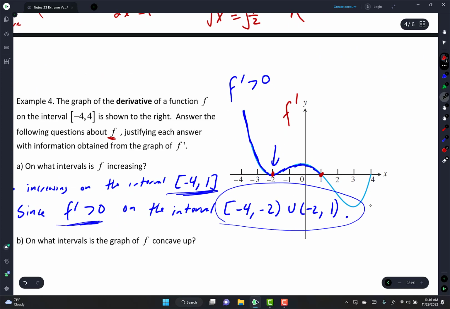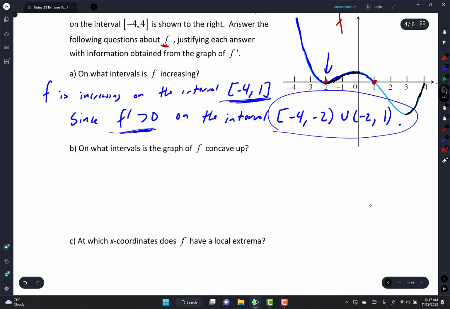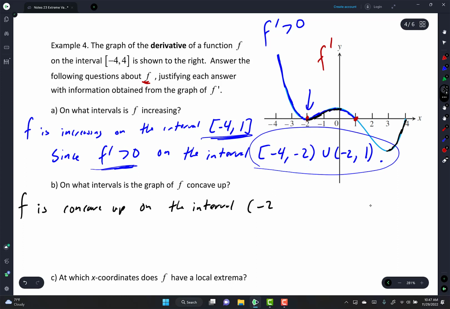It looks like I am increasing from -2 all the way to 0, and then one more time from 3 to 4. Now, for concavity, use parentheses. Don't ever use brackets on this one. You're going to write f is concave up on the interval, parentheses, -2, comma, all the way to 0, and from 3 to 4.